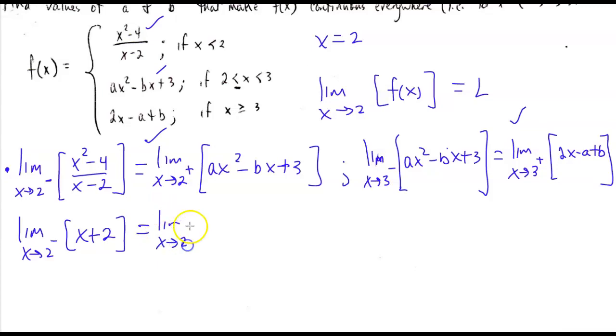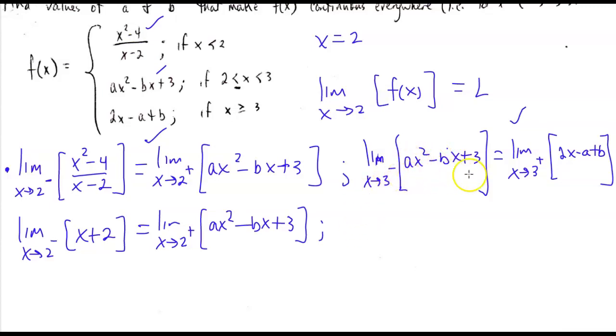So I'm just going to go ahead and write this out now, and we'll just keep this as is for now. So we have this, and of course on this side, there's nothing else for us to really simplify here. So for this one, we see that we have a quadratic function, which is a polynomial of degree 2. So we can use the direct substitution property here and just plug in 3, okay?